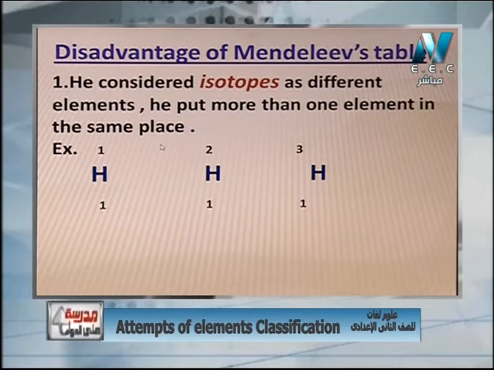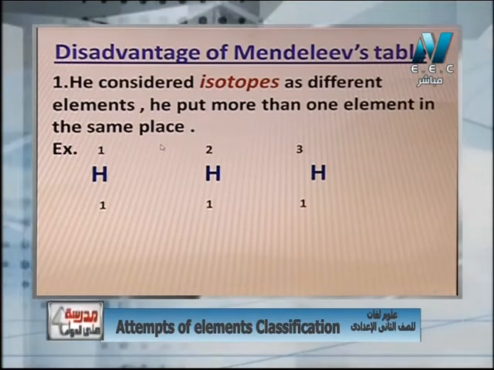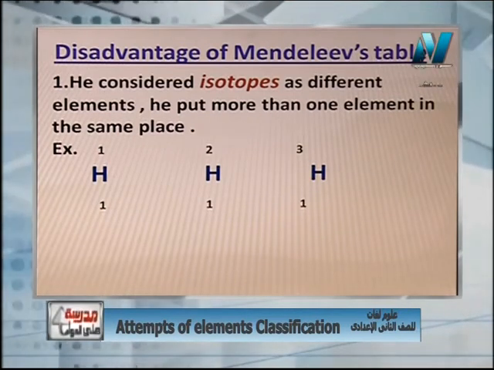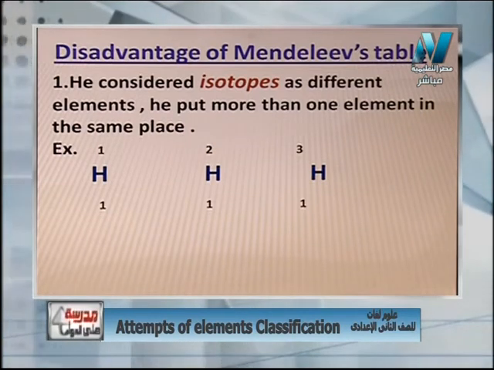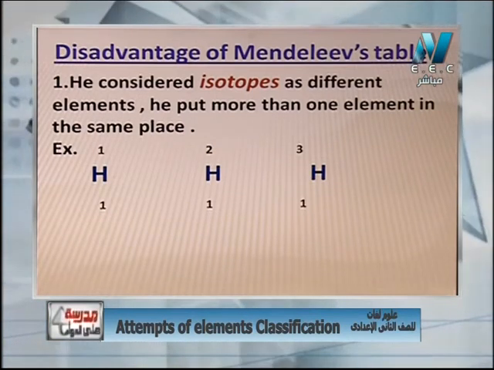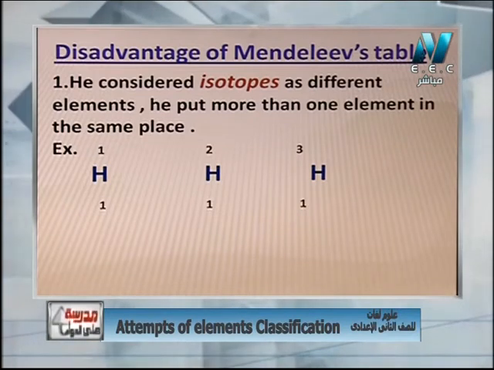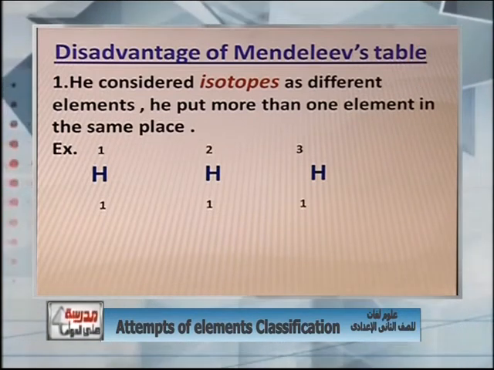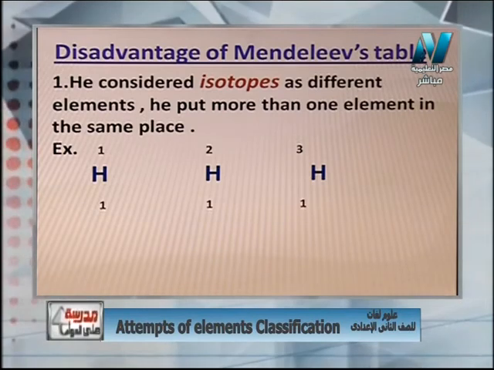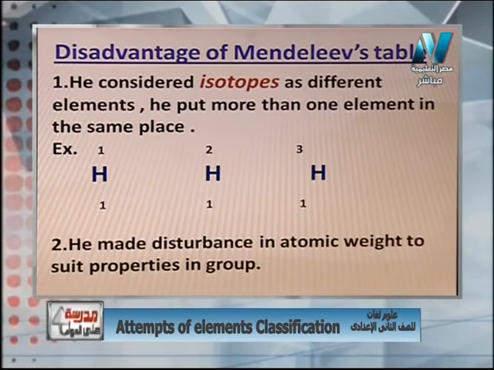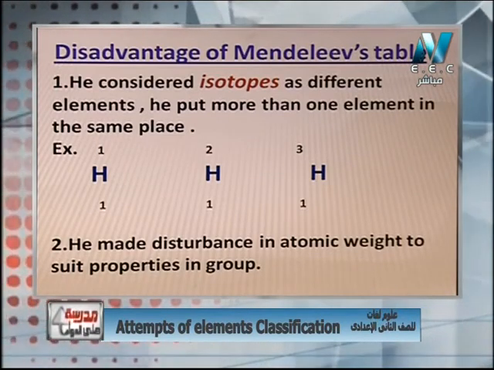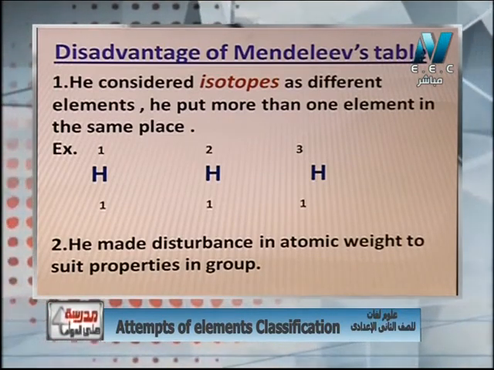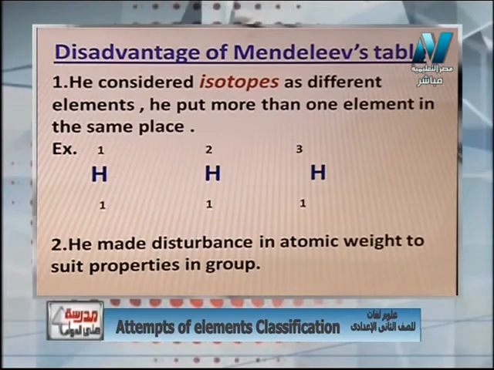Okay, what are the disadvantages of Mendeleev? The isotopes were considered as more than one element, and this mistake made him put more than one element in the same place. The second one, he made a disturbance in atomic weight. As we said, he made the arrangement ascendingly, atomic weight number 1, 2, 3, and so on.